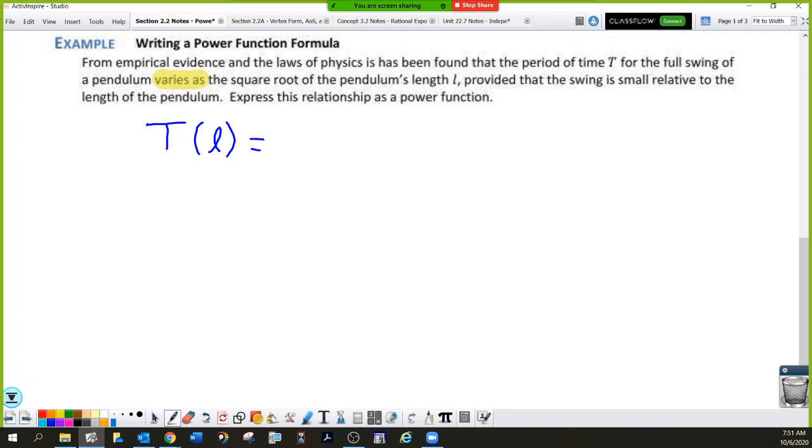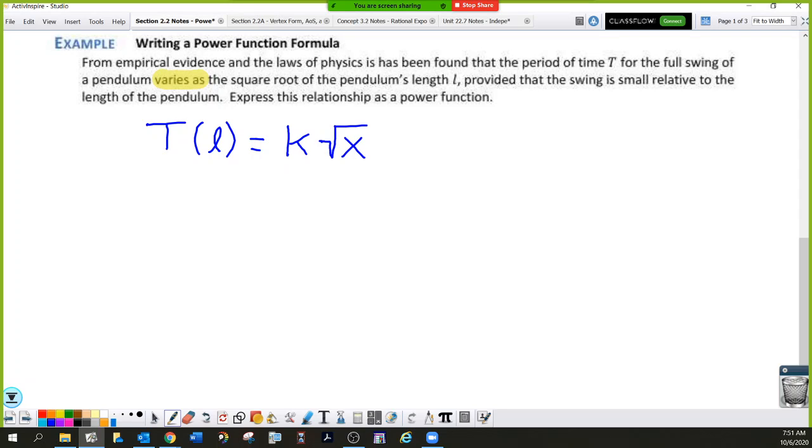It says varies. So I told you varies directly. Well, we need a constant of variation. We don't know it, but we're just setting up the problem. Our constant of variation times x, and we know we have a positive exponent because it does not say inversely. It says varies as the square root.